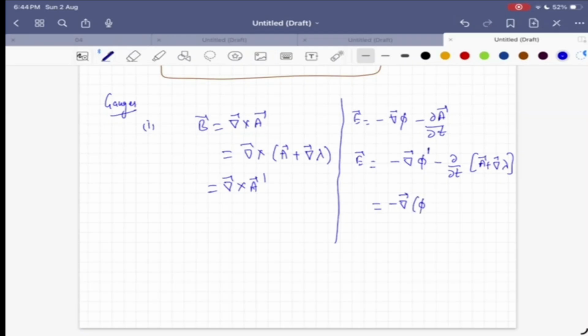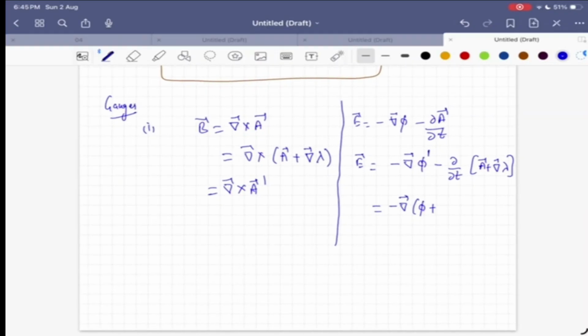If I add something to phi whose gradient is 0, we look at whether the choice of phi is unique or not. Suppose I replace phi with phi prime, where phi prime is phi plus some beta. So if I want to keep my value of E unchanged by changing A to A prime and phi to phi prime, what does it mean?